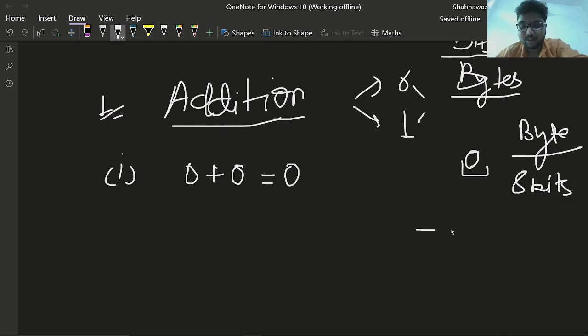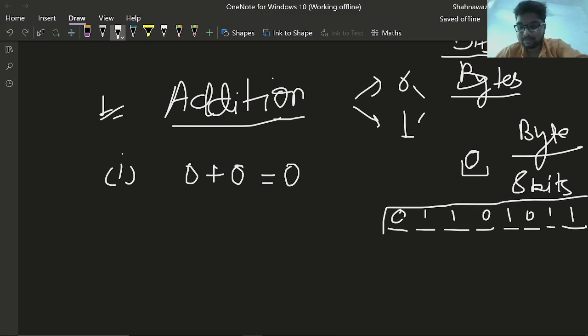For example, take this empty one: 1 2 3 4 5 6 7 8. We can fill in any number, but only zeros and ones, for example 0 1 0 1 1. This whole segment represents one byte, because it consists of 8 bits.